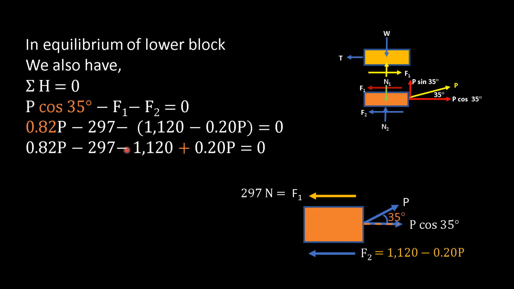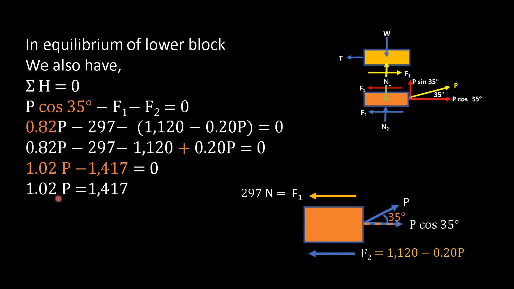So it becomes minus 1120, minus multiplied by minus becomes plus 0.20 P. 0.82 P plus 0.20 P becomes 1.02 P. Minus 297 minus 1120 becomes minus 1417.